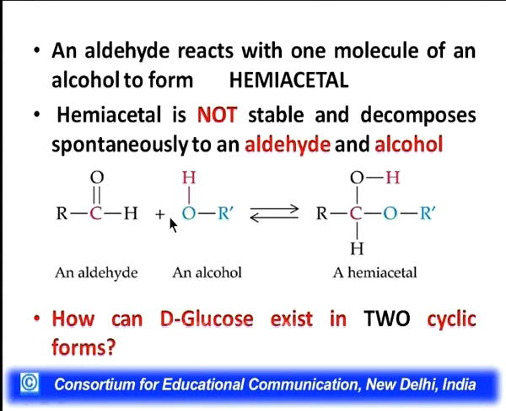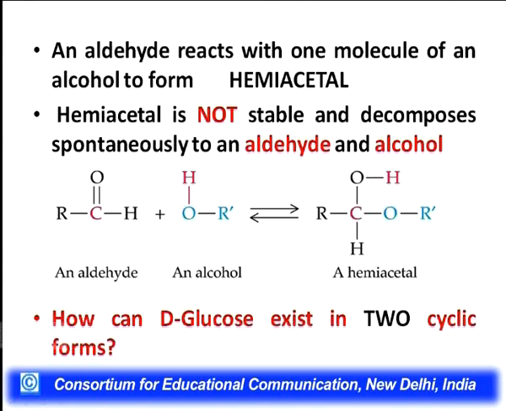So this oxygen acts as a nucleophile and attacks the electrophilic carbon, and this hydrogen, that is proton, forms a bond with this oxygen, resulting in the formation of a hemiacetal.